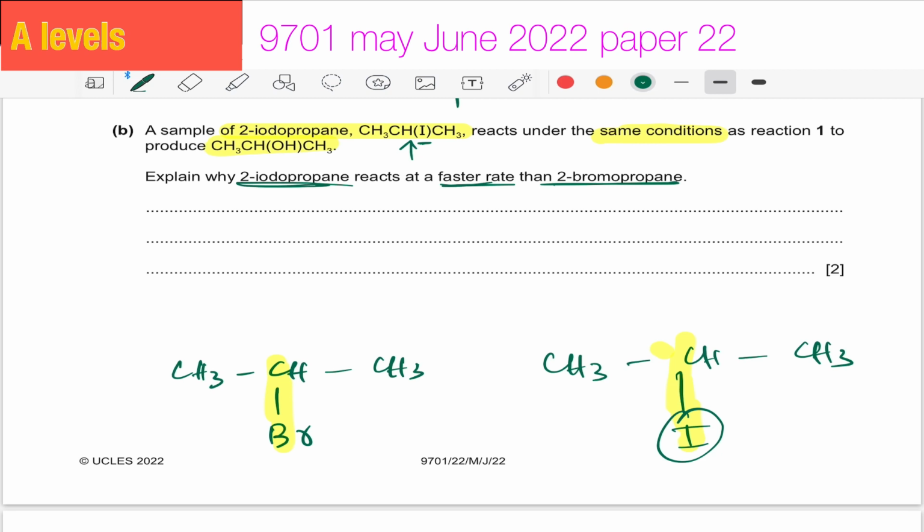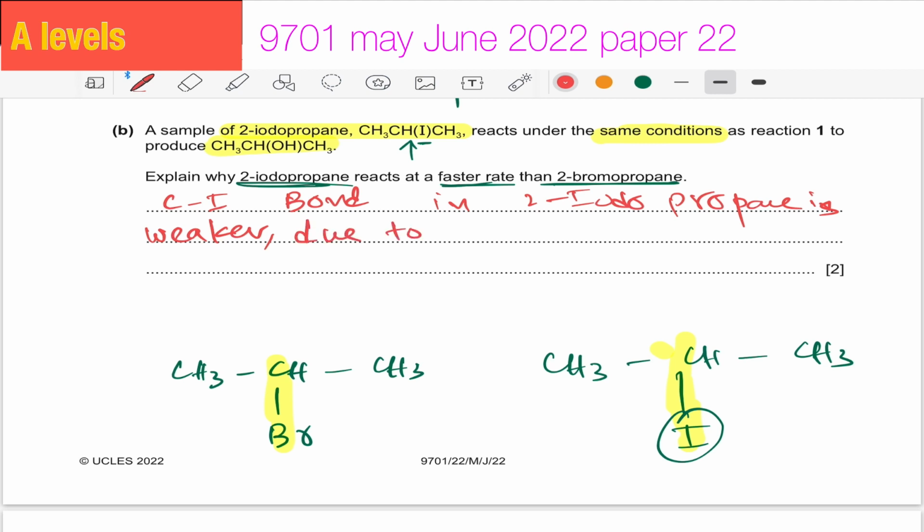So we can simply say why 2-iodopropane reacts faster. The reason is the C-I bond in 2-iodopropane is weaker, due to the large atomic radius of iodine.